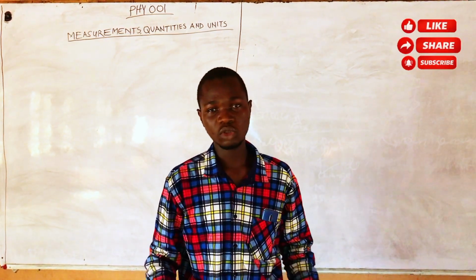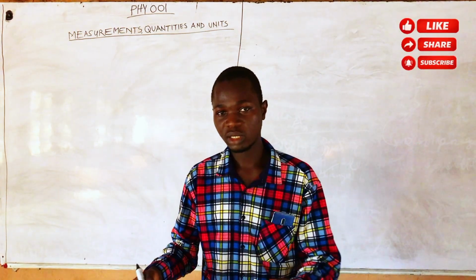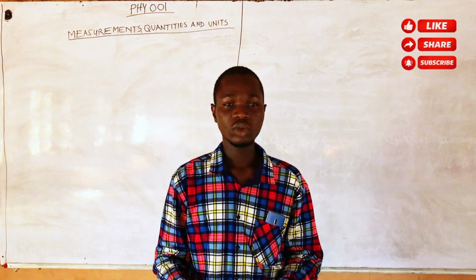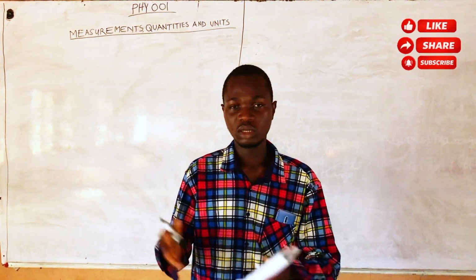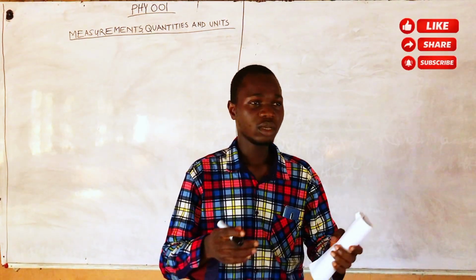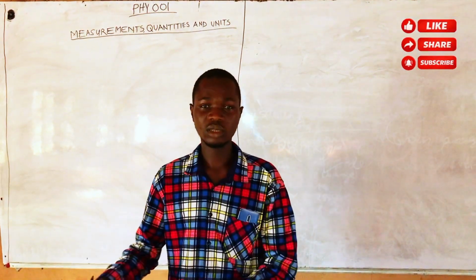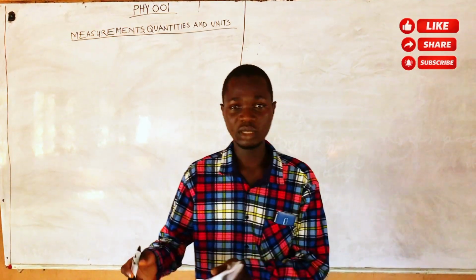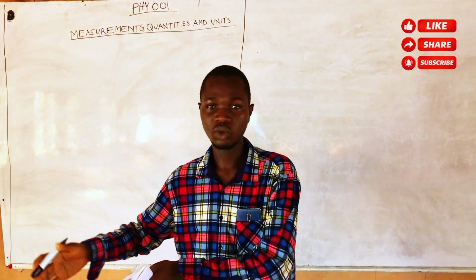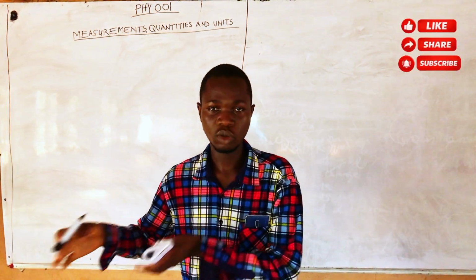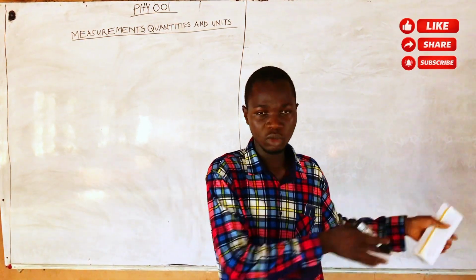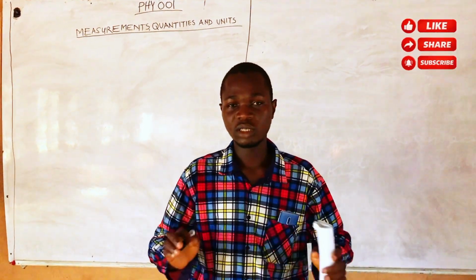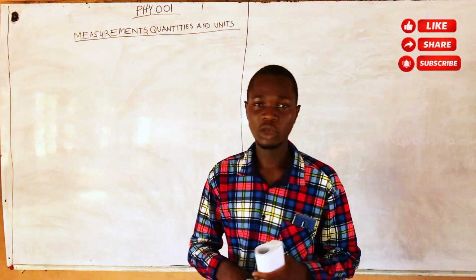For example, as a doctor, you want to take your patient's blood pressure. In the instrument used to take the blood pressure, there's a quantity, an amount, a number that we see, that tells us this patient has high blood pressure or this patient has low blood pressure. So that's how it is because of measurement.